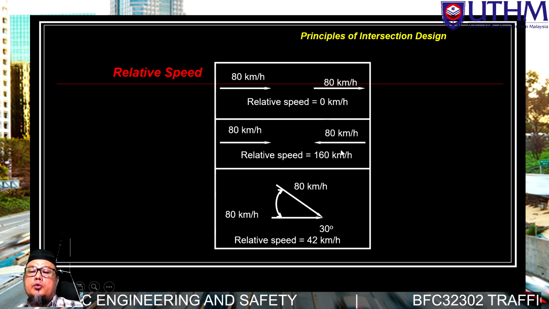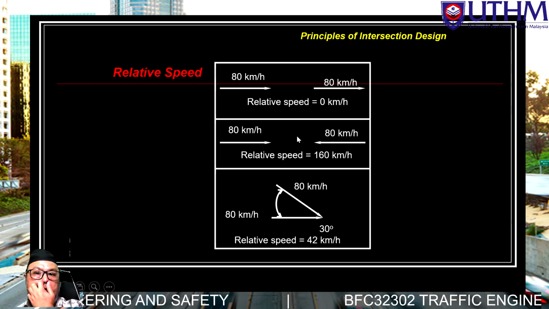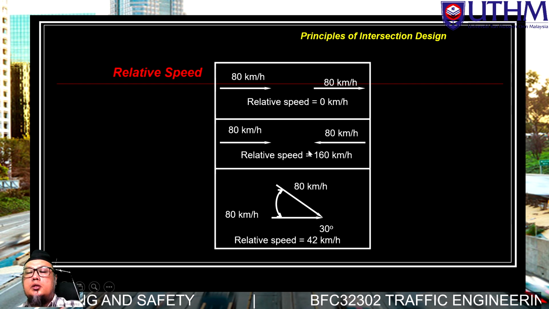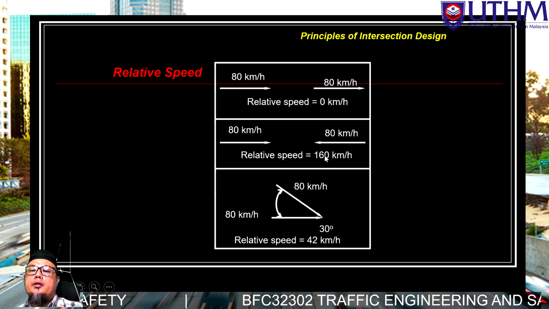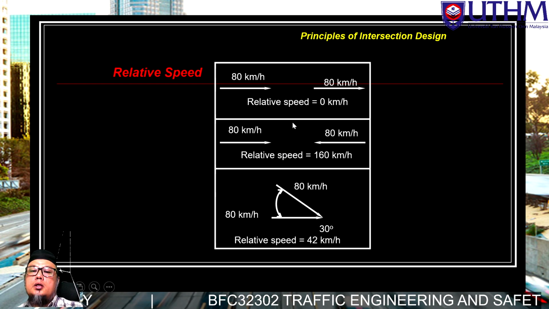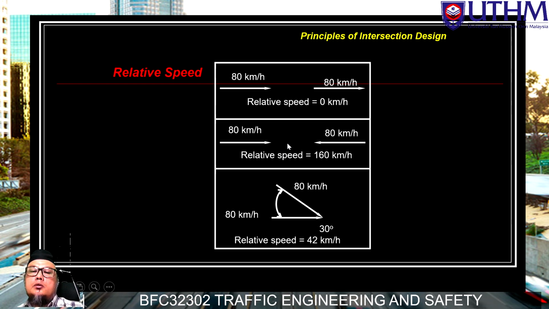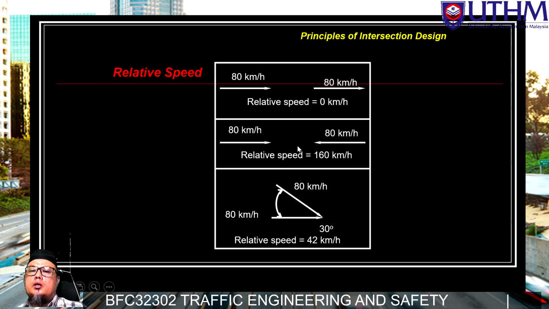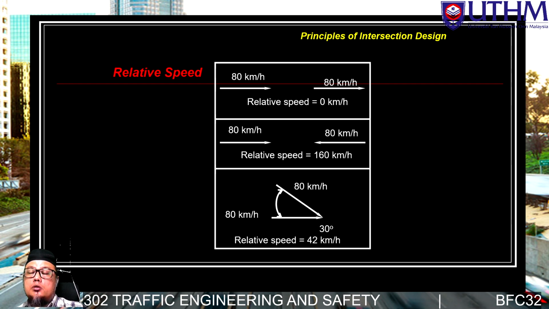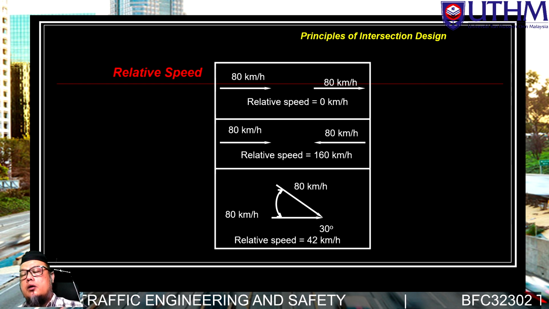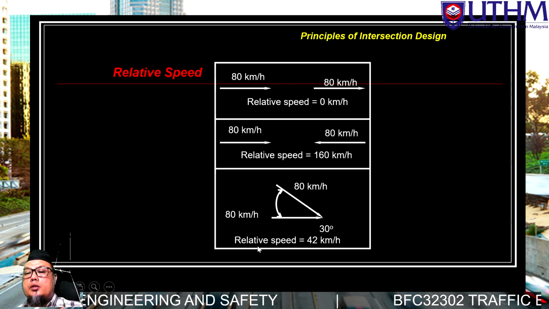If they move in opposite directions, they are going to encounter each other, so it doubles, 80 plus 80 is 160 km per hour. That is why in an accident, a head-on collision creates a lot of damage, and the crashworthiness is very poor.